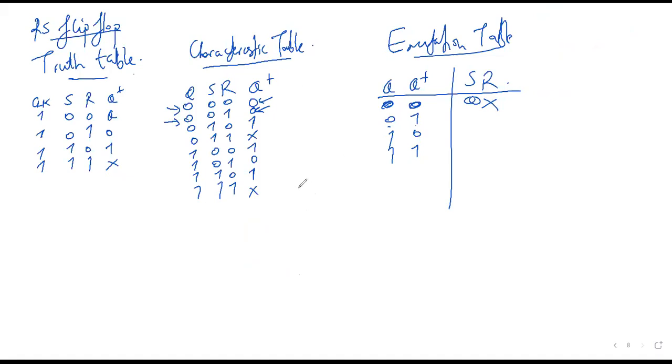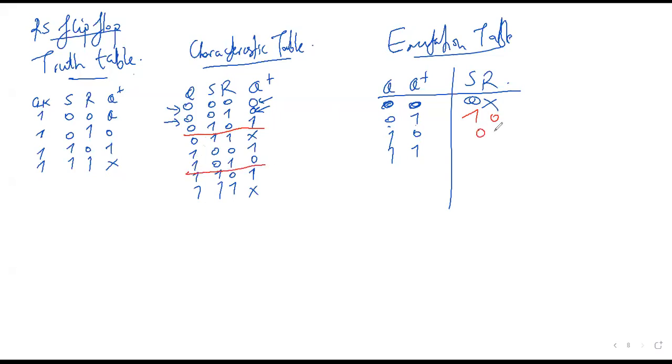We go to 0, 1. Here I have 0. Let me put red. This is 0, 1 here. This is 0. This is the only one. If I want to go from 0 to 1, what will be my SR? 1, 0. If I want to go from 1 to 0, this is my 1 to 0.